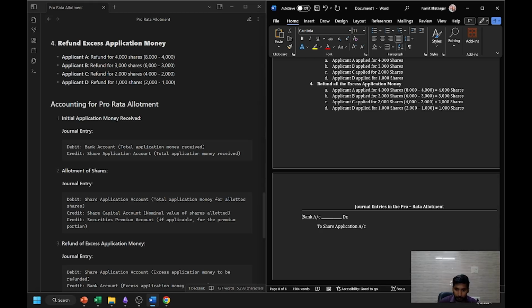After that, second, we will do the allotment. Share application account debit to share capital account.